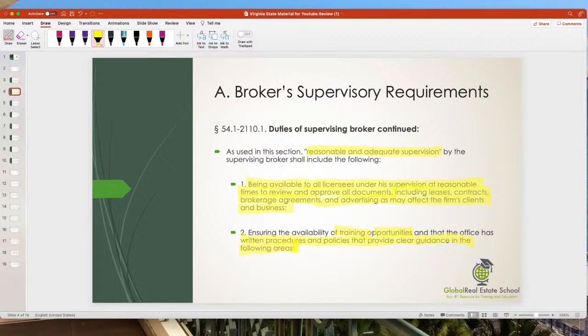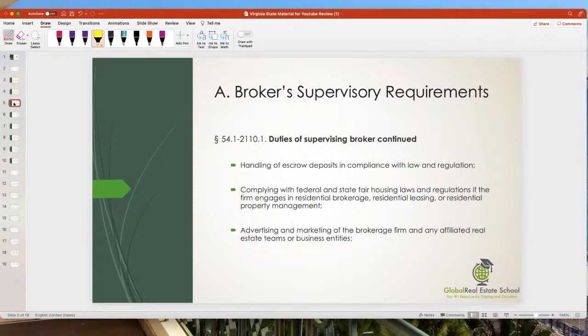Now, let's continue on and take a look at the guidance in the areas that they describe. You can see here, handling of escrow deposits in compliance with laws and regulations. We'll talk about escrow deposits more, but as consumers and customers and clients provide earnest money, it's your job as a supervising broker to handle those escrow deposits in compliance with the Virginia law and regulations.